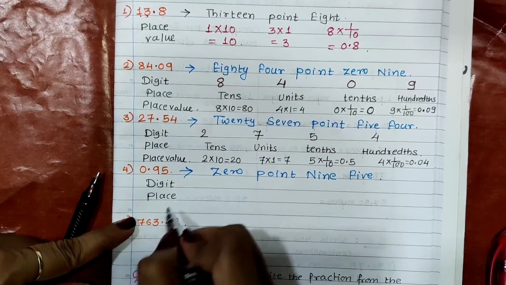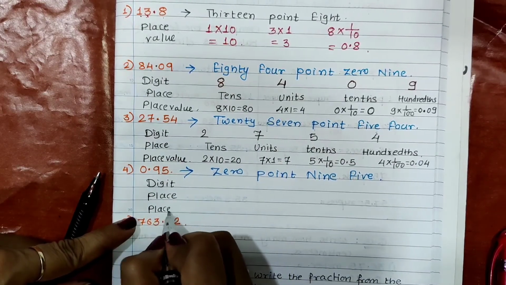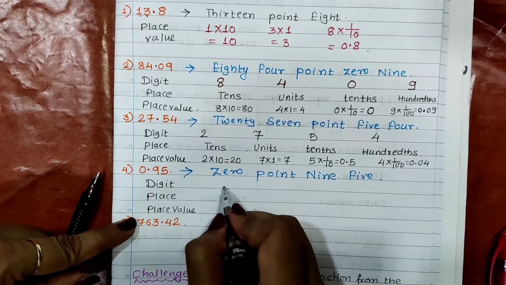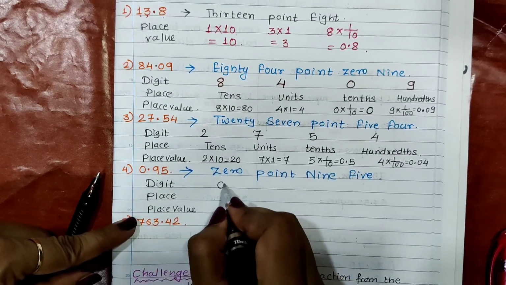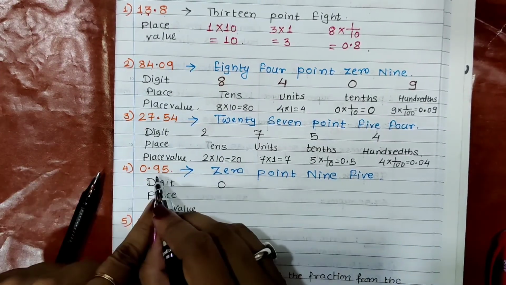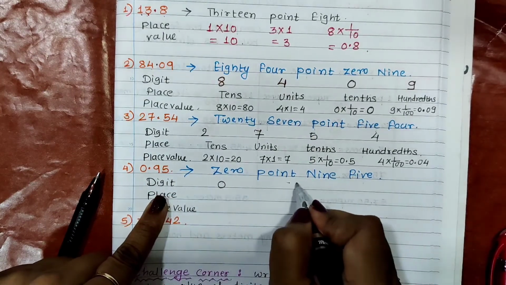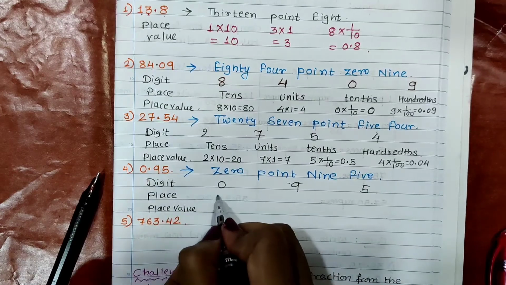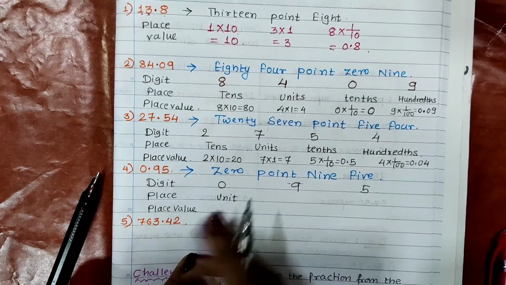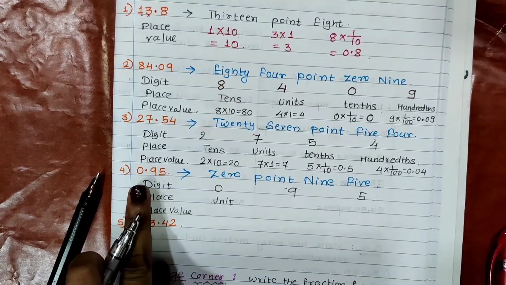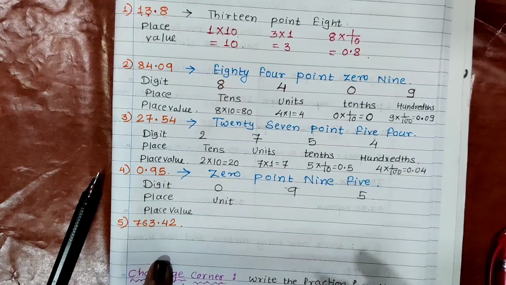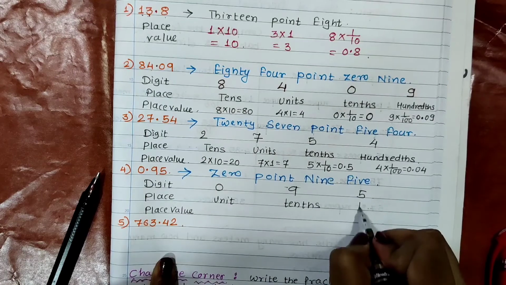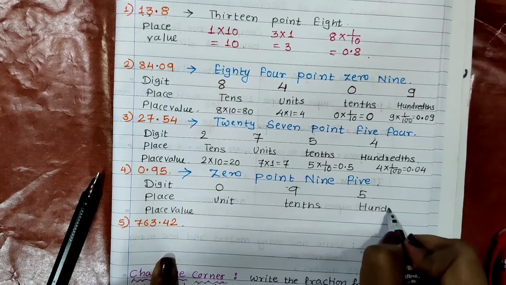Digits are 0 on the left side, and on the right side 9 and 5. Okay, 0 is at units place, left side first digit is 0, on right side this first digit is 9, it will be at tenths place, and 5 is at hundredths place.